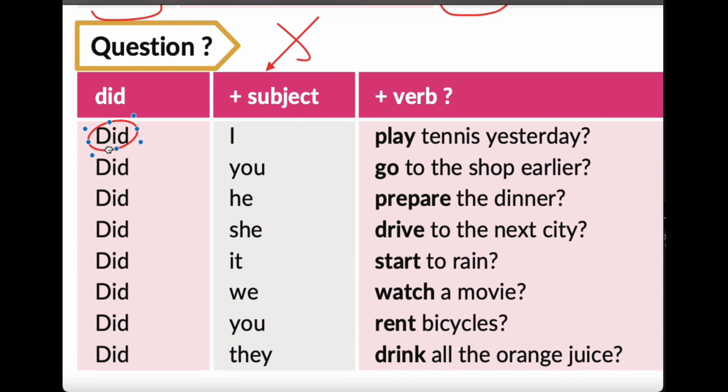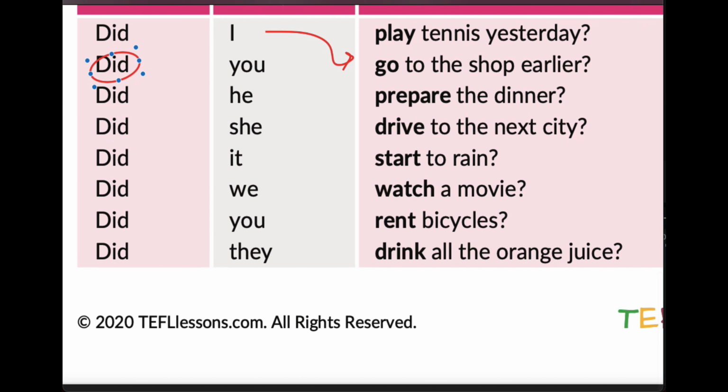So I need the auxiliary verb. So if I use the auxiliary verb did, that means that my main verb doesn't have to be conjugated. But because of the auxiliary verb, I'm gonna say, did you go to school yesterday? And then the answer, yes or no answer, would be yes, I did. No, I did not, or contracted, didn't.